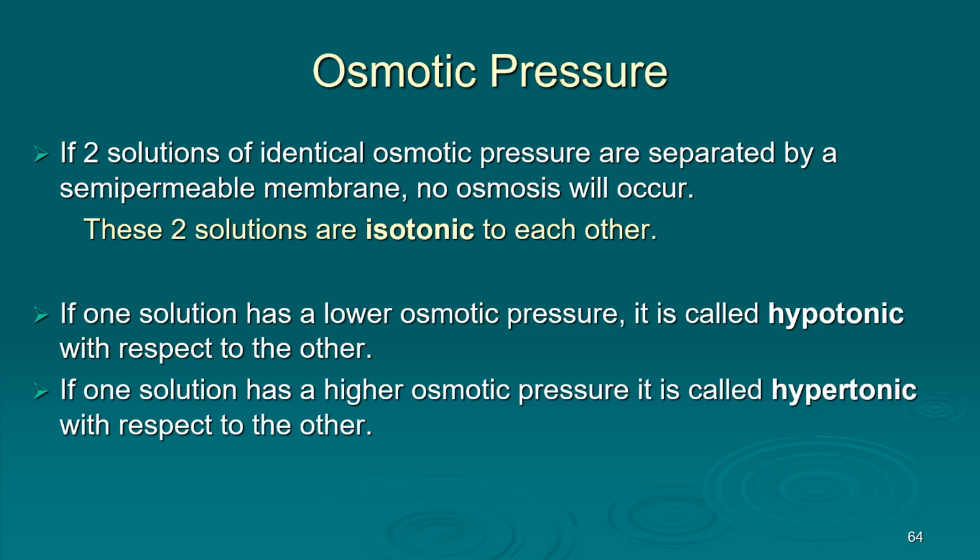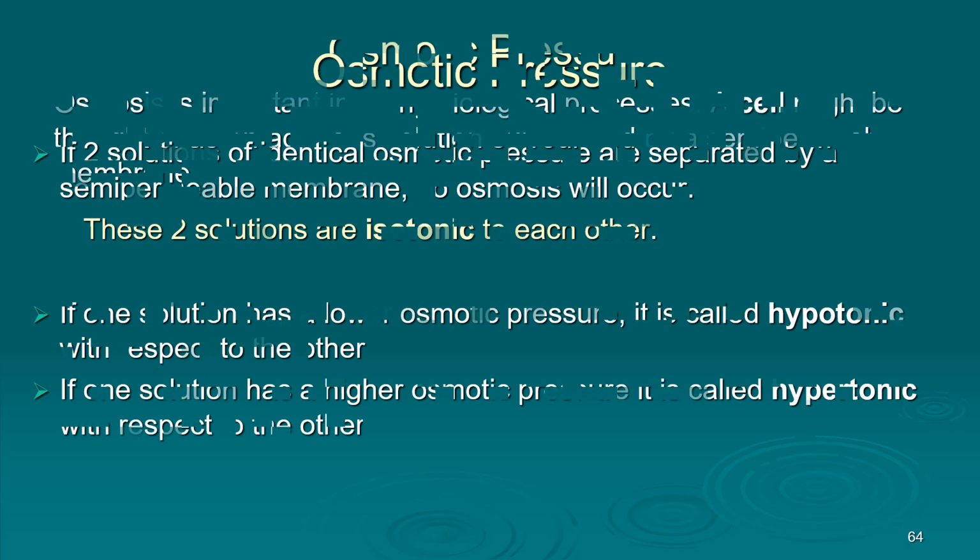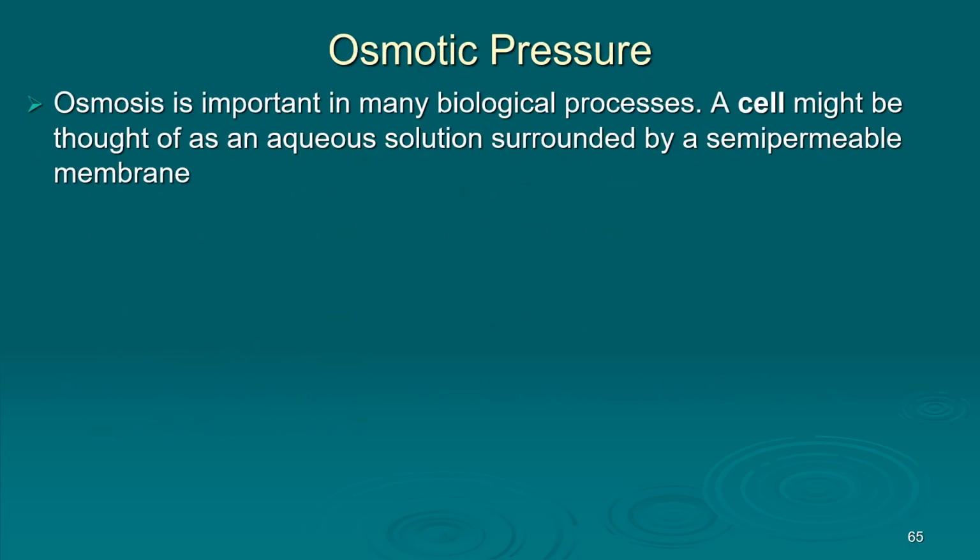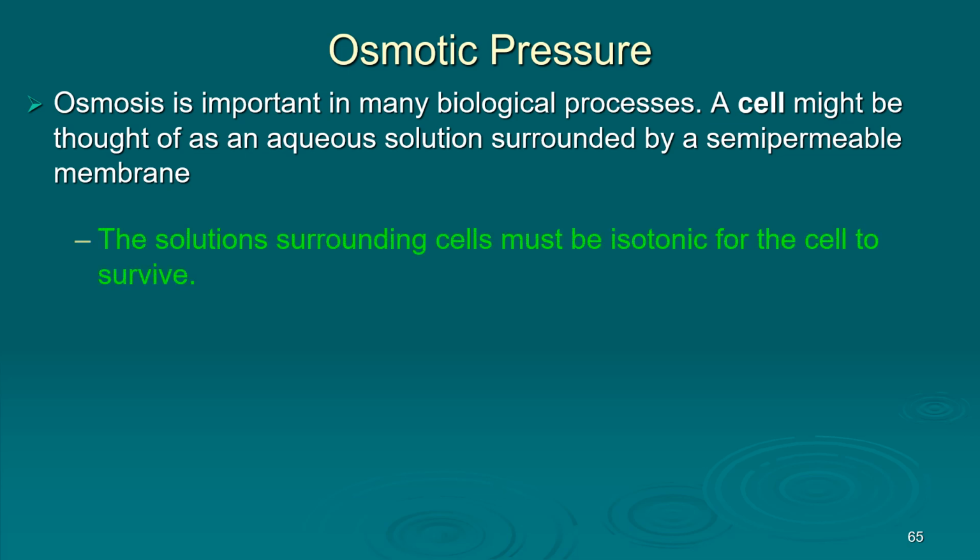So again, what does this have to do with us? Well, it has to do with a cell, let's say a blood cell. So let's say I have a cell, and here's a blood cell, so it's in my blood vein.